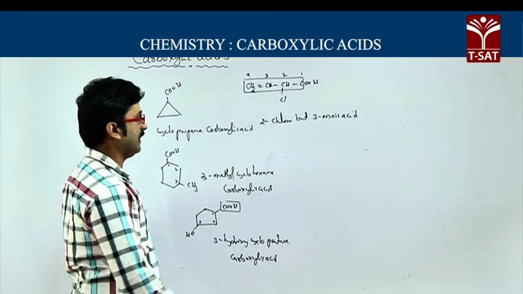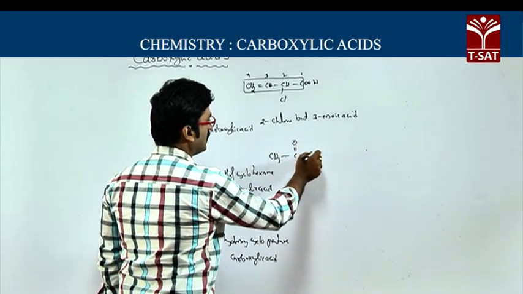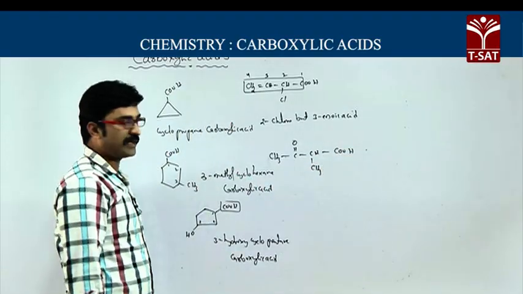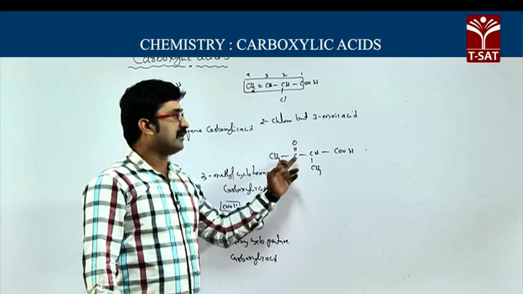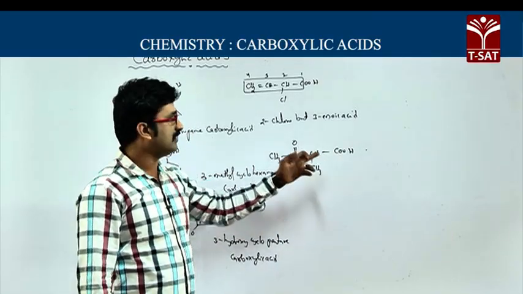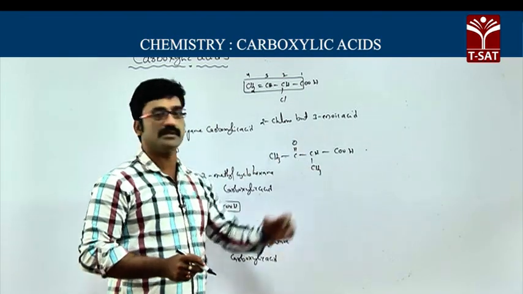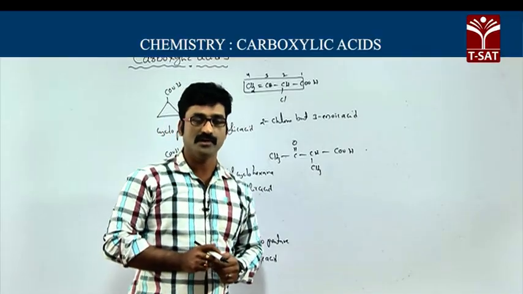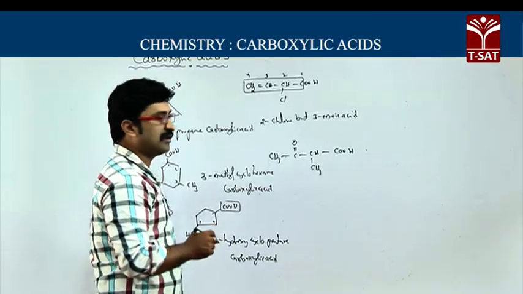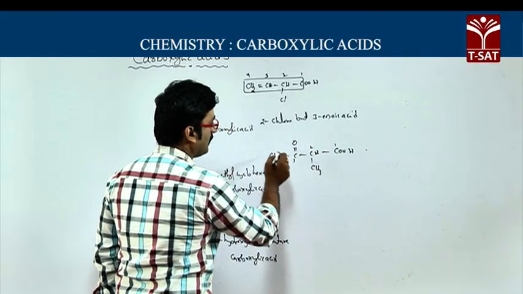Now, we will take one more. CH3-CO-CH(CH3)-COOH. In this we have two functional groups, one is ketone and another is carboxylic acid. You know that among ketone and carboxylic acid, the carboxylic acid should be considered as the principal functional group. So this ketone is considered as a side chain or a prefix. Numbering is 1, 2, 3, 4.